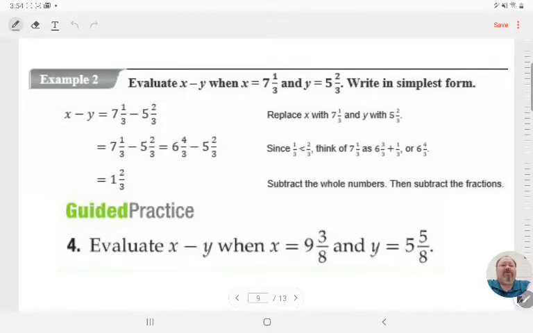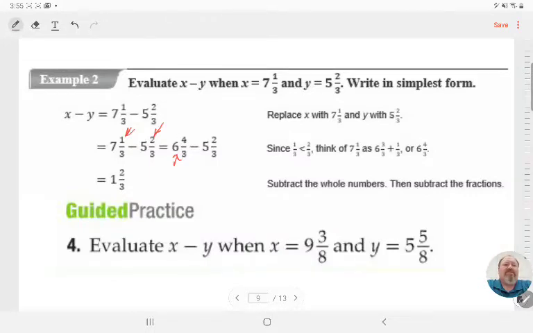Okay? So again, we take a look and this 2/3 is bigger than 1/3. So we have to rename, we have to change it around. Okay? So we can take 1 from the 7 and change it to 6. And we can add 3/3 to the 1/3, and that becomes 4/3. Okay?